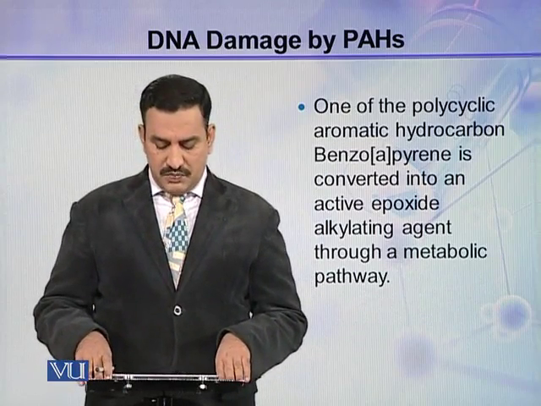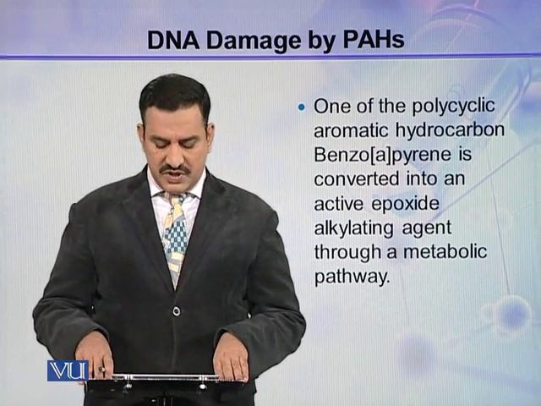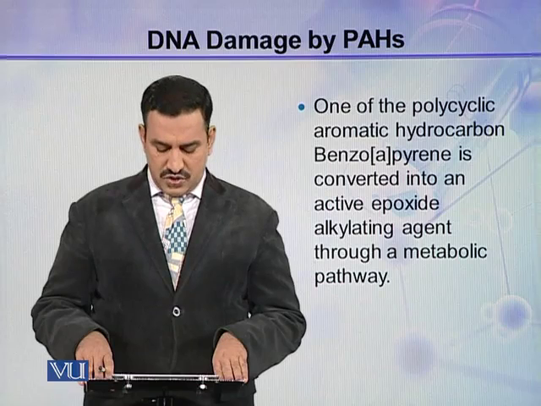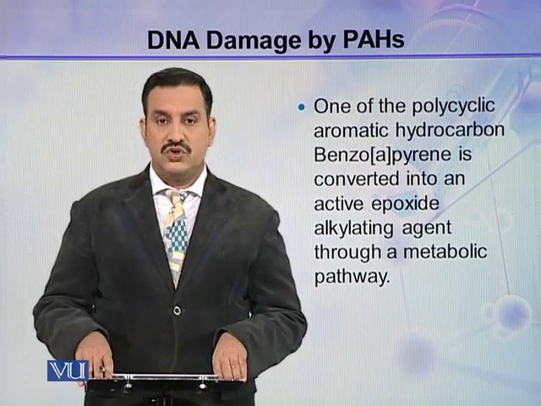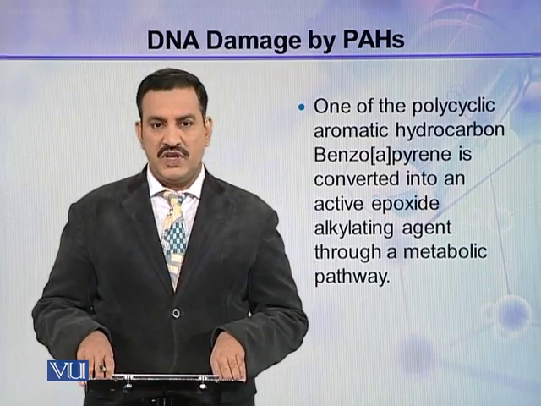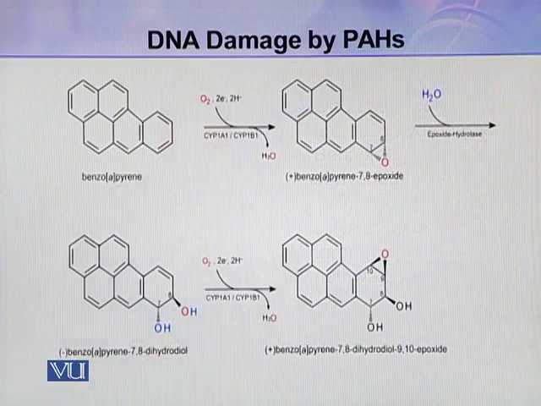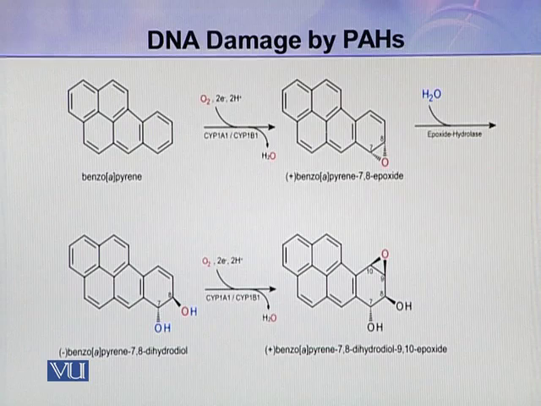One of the polycyclic aromatic hydrocarbons is benzo[a]pyrene. It is converted into an active epoxide alkylating agent through a metabolic pathway in the cell. Here is the pathway which converts this PAH into an epoxide, which is a damaging agent. This is benzo[a]pyrene.